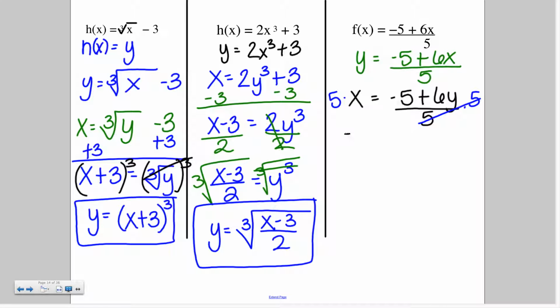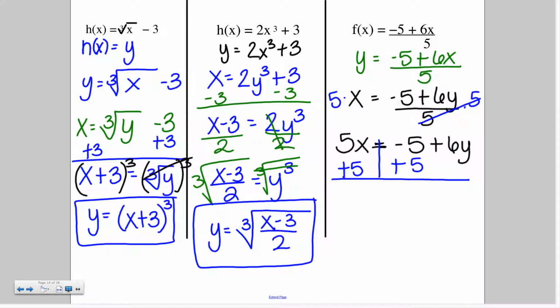So 5 times x is 5x, and that is equal to negative 5 plus 6y. All right, let's get rid of that negative 5. In order to get rid of a negative 5, we have to add a positive 5. Okay?